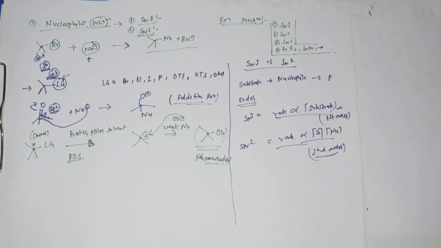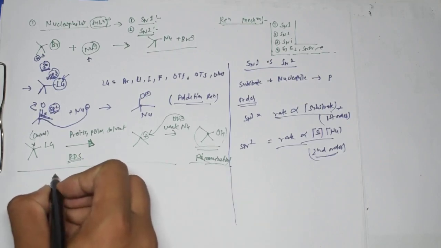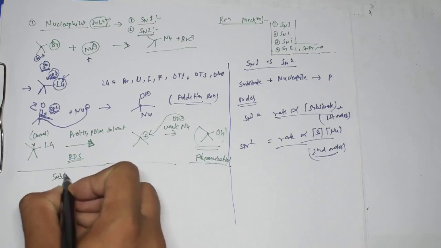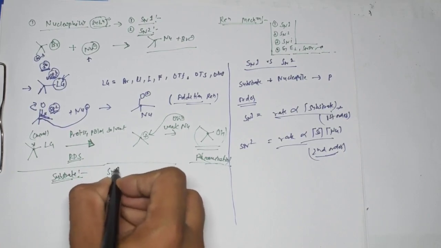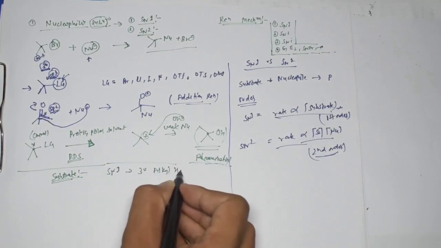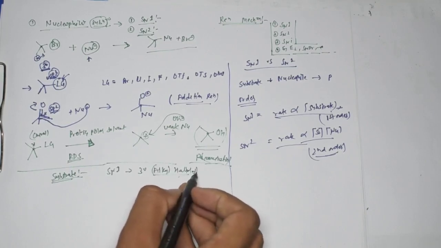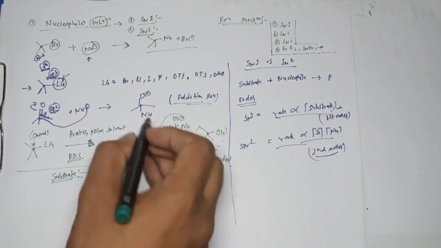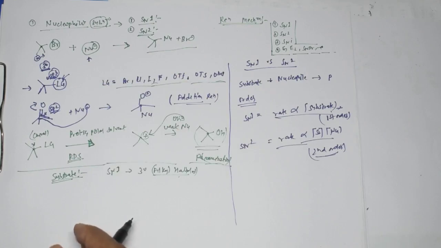Now, regarding the substrate choice, for SN1 we have 3-degree alkyl halides, and more precisely, not alkyl halides only, but compounds with the leaving groups which we have mentioned over here, right? These are the good leaving groups actually.